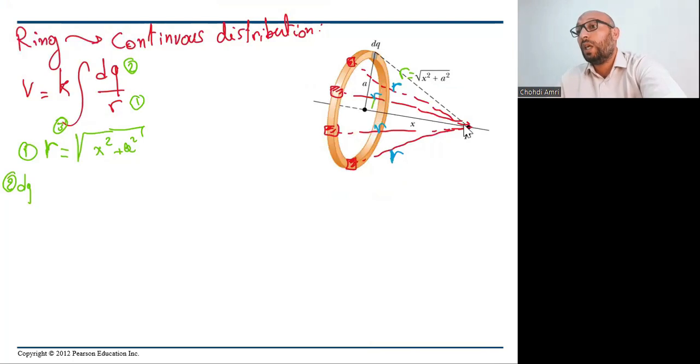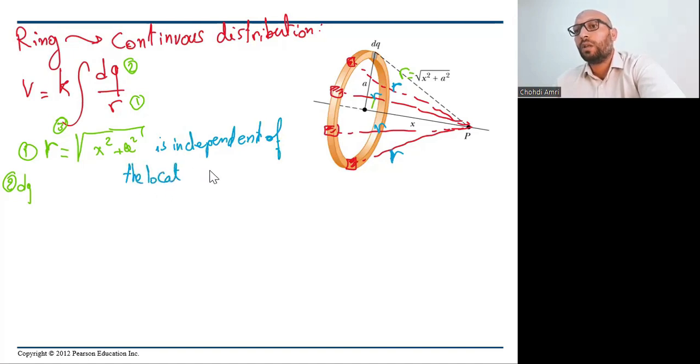So that means any point from this ring to the point P is equal to R. So we can conclude that R is independent of the location of the Q. It's independent of the location of the Q.